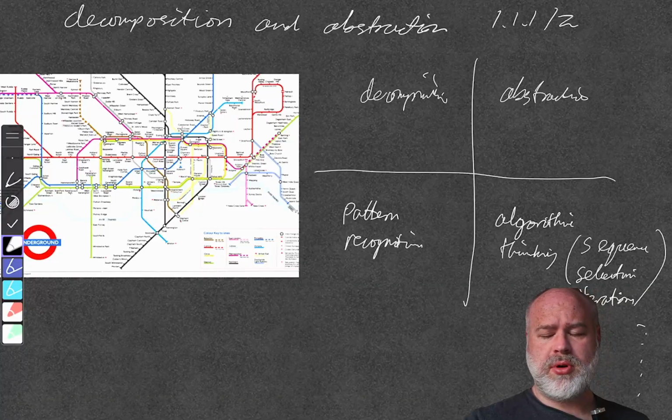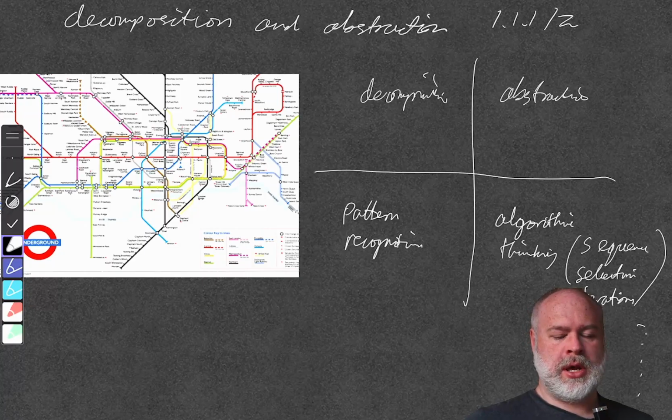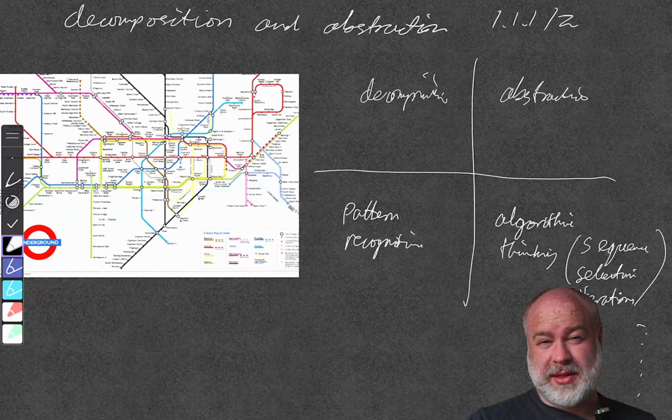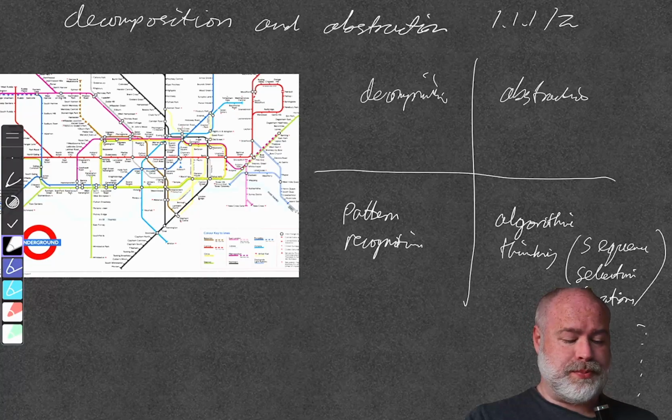So you can take a big problem and start breaking it down into smaller sub-problems. So you might have, for example, creating the London Underground system, the oldest in the world, isn't it? How would you even start with a problem like that? Creating the first underground system.